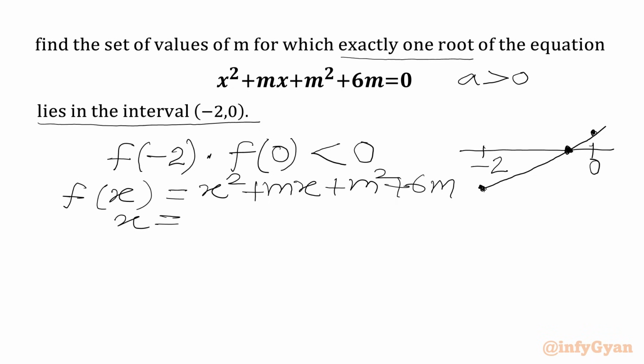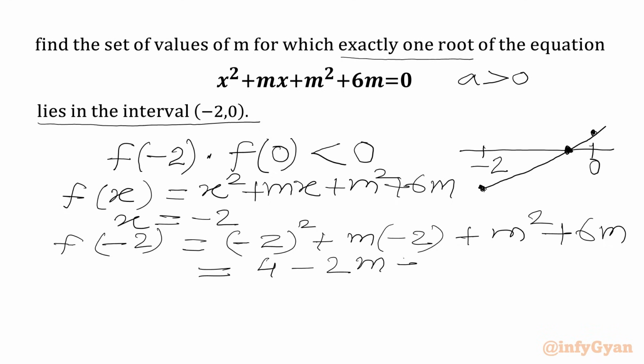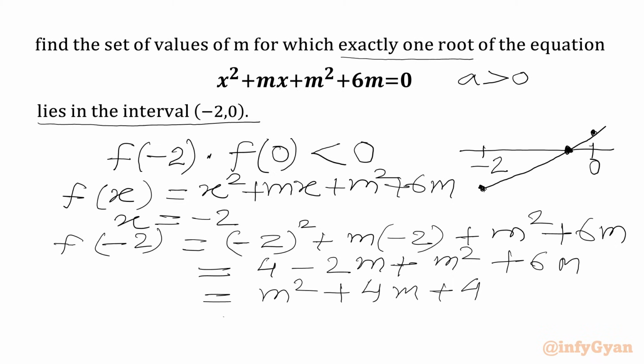Now we will put x equal to -2 first to find the value of f of -2, which will be equal to -2 square plus m times -2 plus m square plus 6m, equal to 4 minus 2m plus m square plus 6m, which will be equal to m square plus 4m plus 4, which is a perfect square of m plus 2.